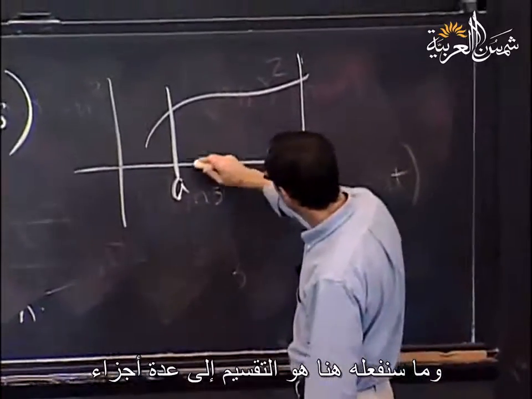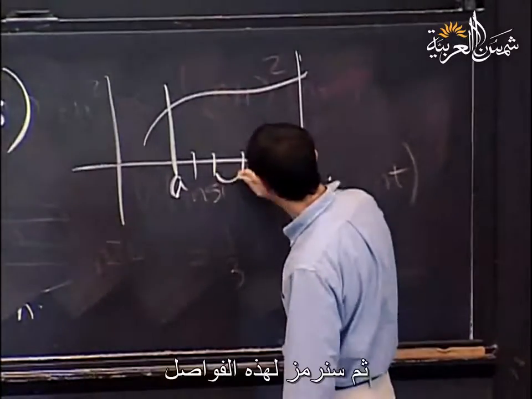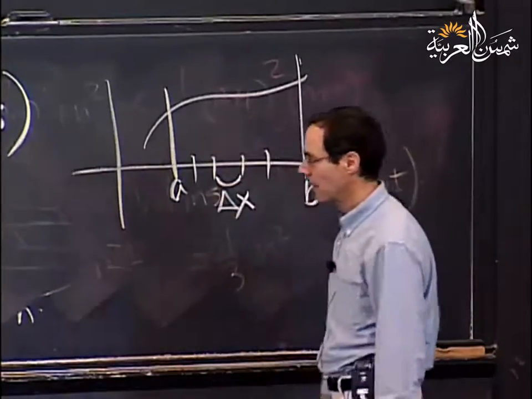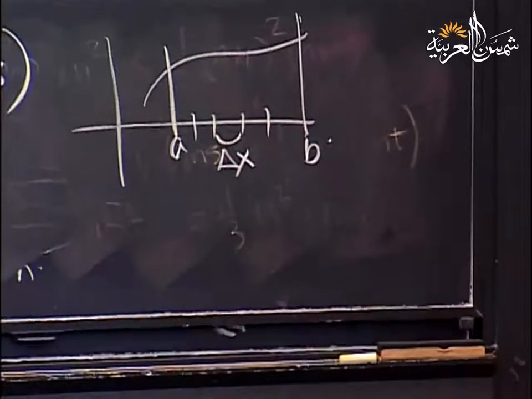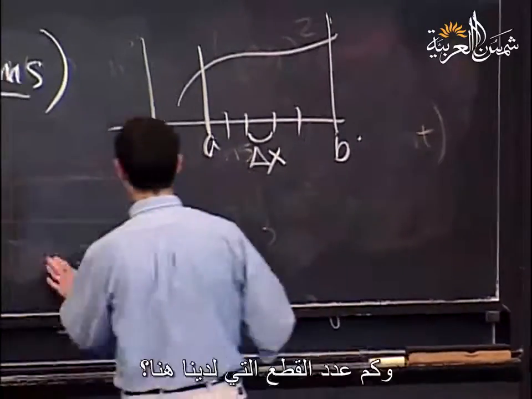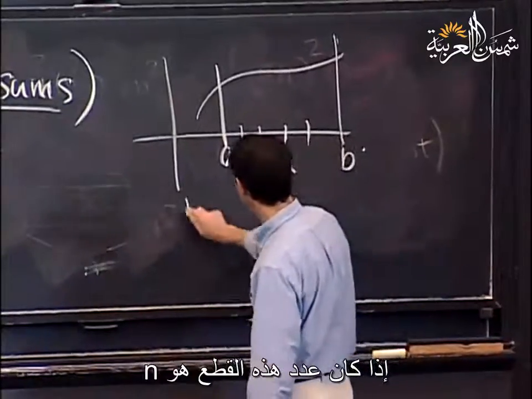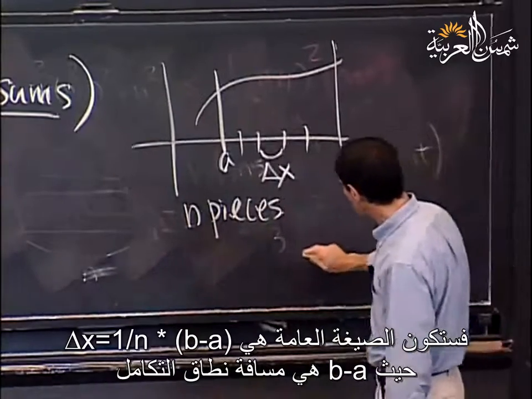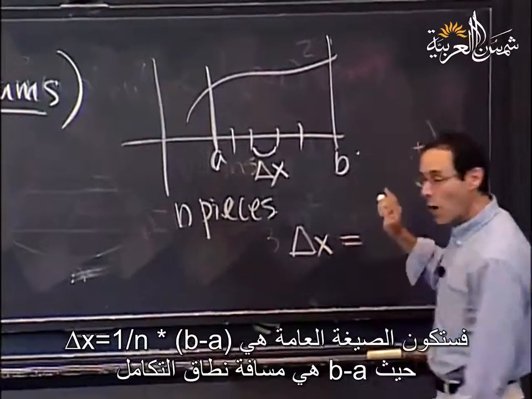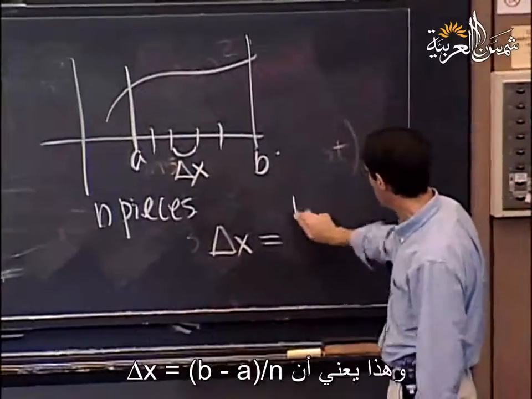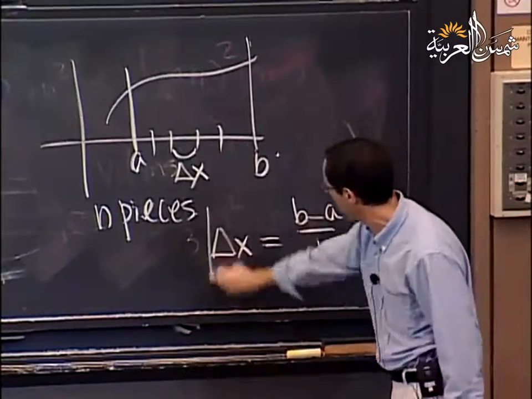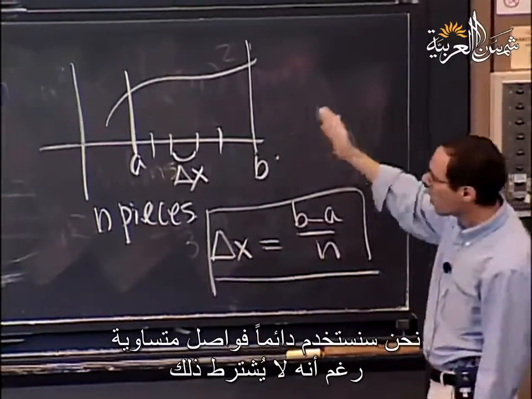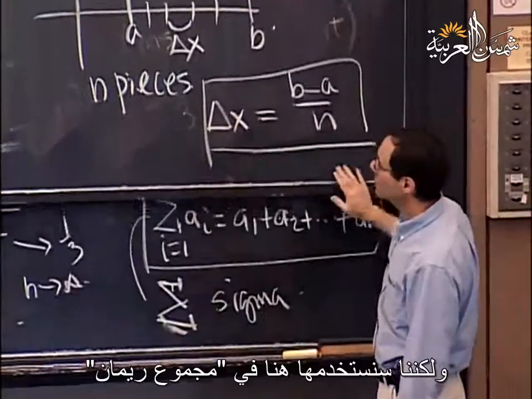What we're going to do is break it up into little pieces, and we're going to give a name to the increment, and we're going to call that delta x. So we divide up into these. How many pieces are there? If there are n pieces, then the general formula is always that delta x is 1 over n times the total length. So it has to be (b minus a) over n. We will always use these equal increments, although you don't absolutely have to. We will for these Riemann sums.